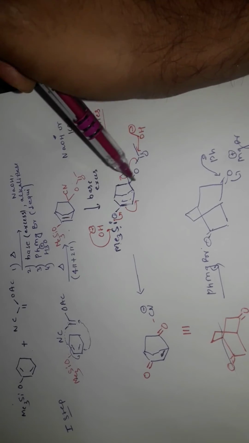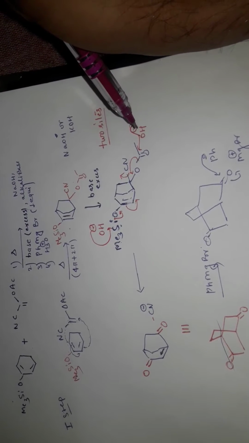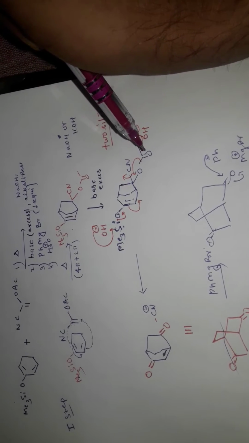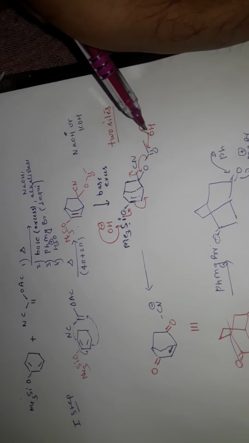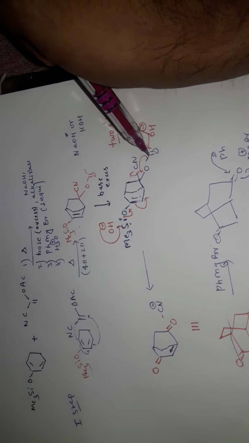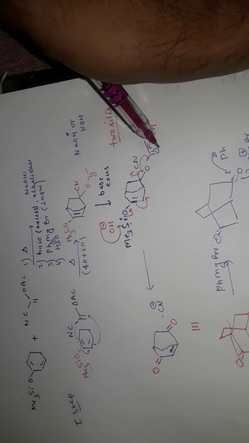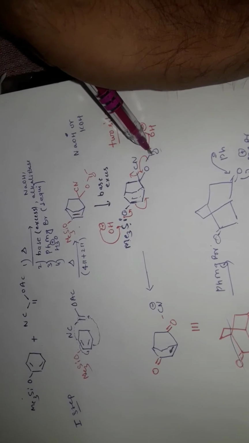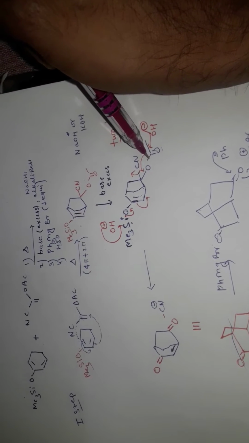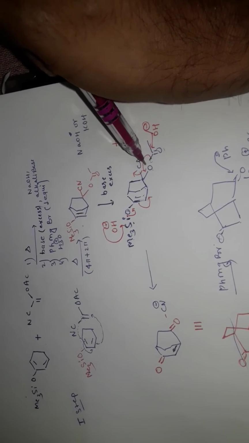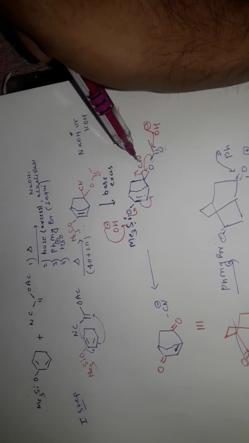So the second site is here. If you see, this is the base, so it will act on the CO group. Okay, so this OH group will attack on this, and this negative charge will shift here, and again it will reverse, and this CO bond will be shifted here and here.